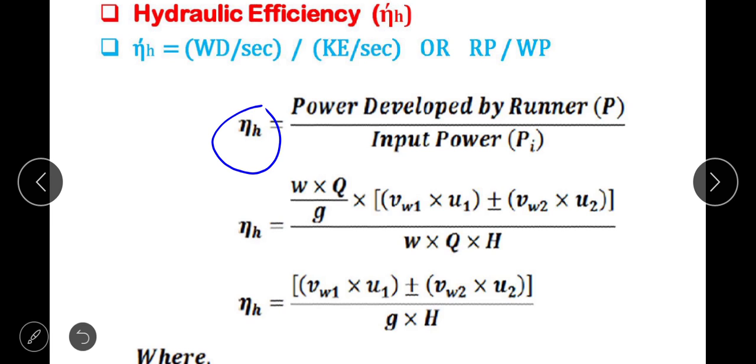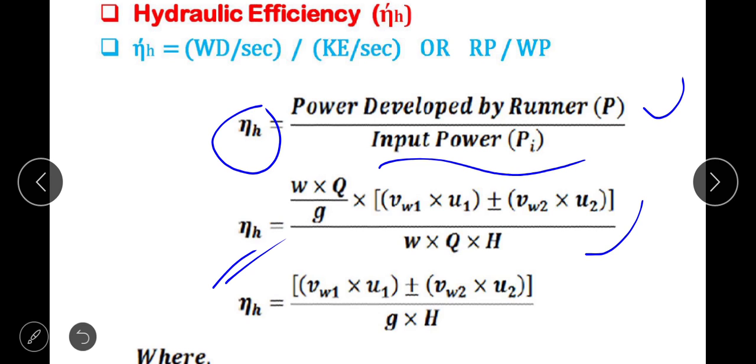Eta H is equal to power developed by the runner, that is P, divided by input power Pi. Therefore, hydraulic efficiency becomes w into Q divided by g multiplied by Vw1 multiplied by U1 plus or minus Vw2 U2 whole, divided by input power, which is wQH, where H is the head available, Q is the discharge, w is the specific weight of water, g is acceleration due to gravity.